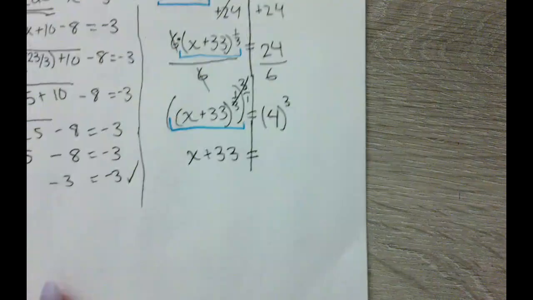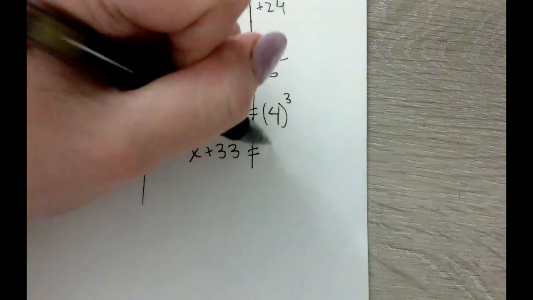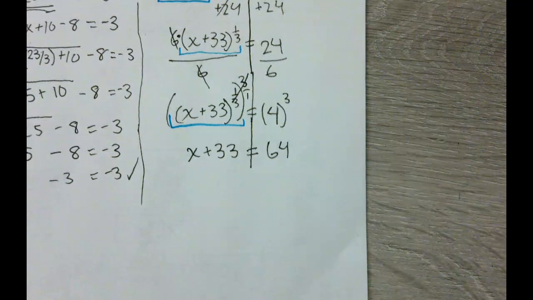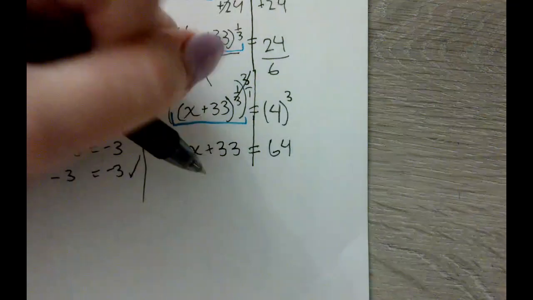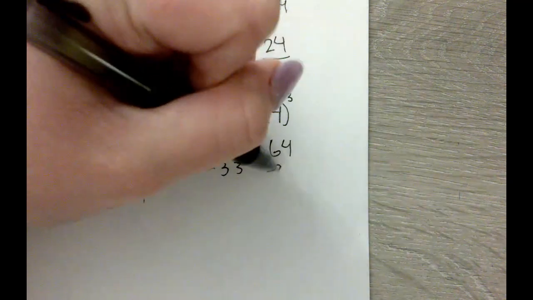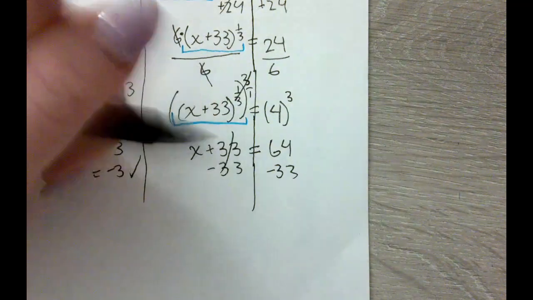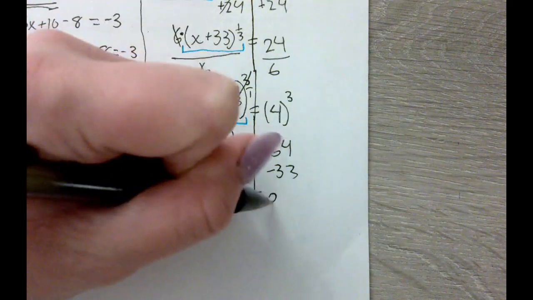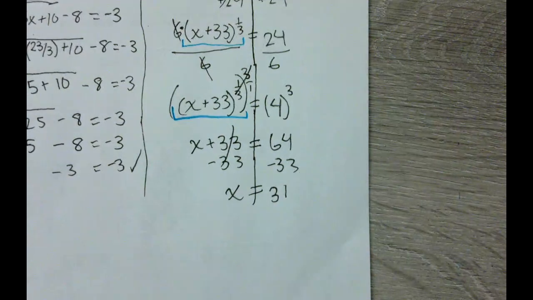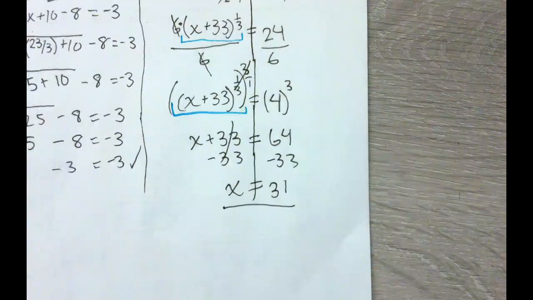And then 4 cubed, you can use your calculator, that is 64. And now we solve for x. Subtract 33 on both sides. X equals 31. And now we check.